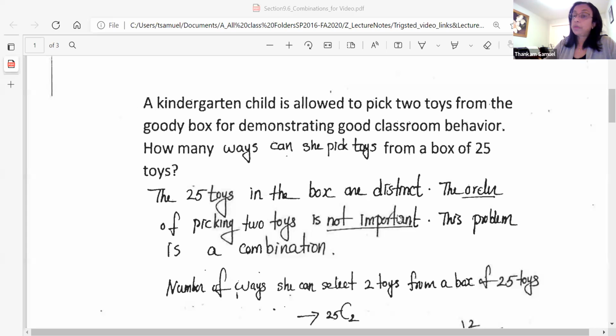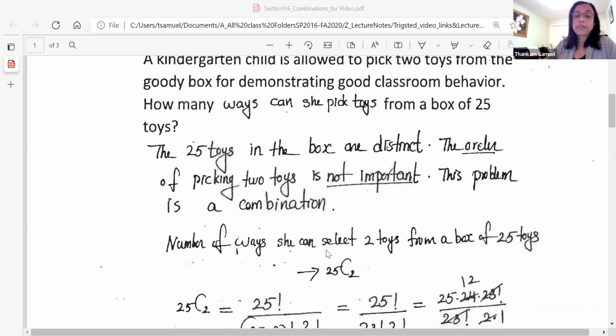So also the order of picking up the toys is not important. So this is a combination problem. So the number of ways she can select 2 toys from a box of 25 toys is given by the formula 25C2.